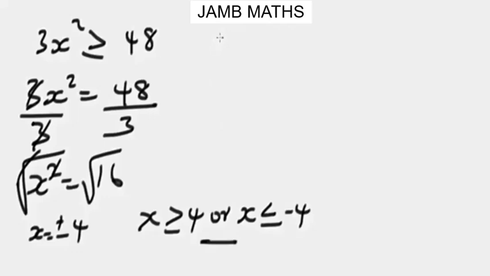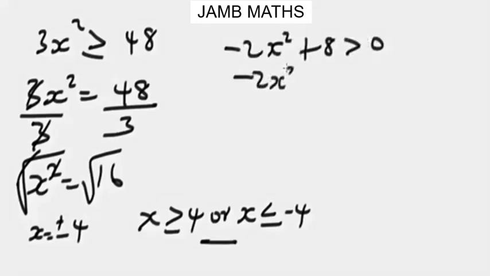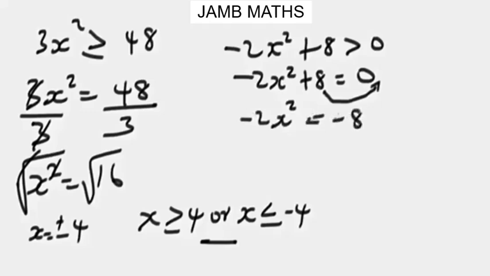Let's say we have to solve this inequality: minus 2x squared plus 8 greater than 0. Okay, now this is the same as minus 2x squared plus 8 equals 0. Now to make x the subject of the formula, first we subtract 8 from both sides, and we're going to have minus 2x squared equals minus 8.